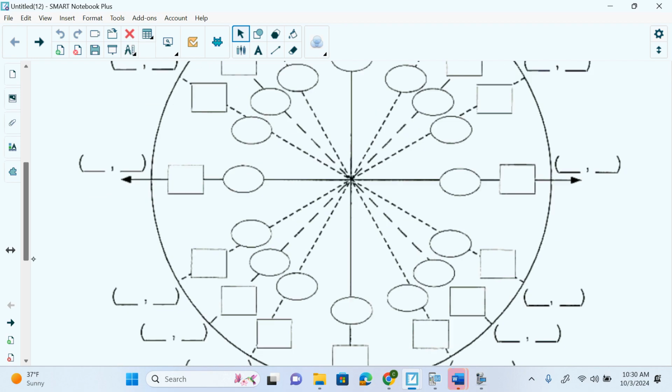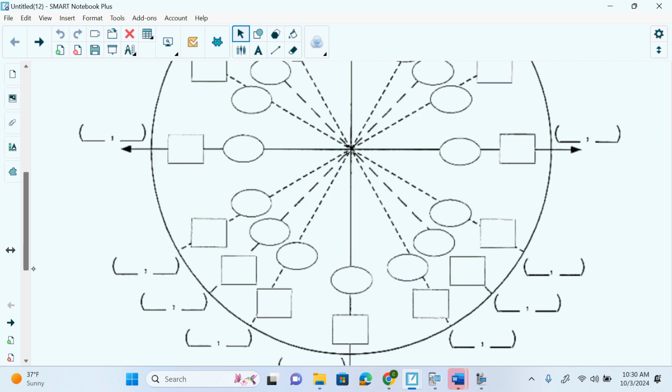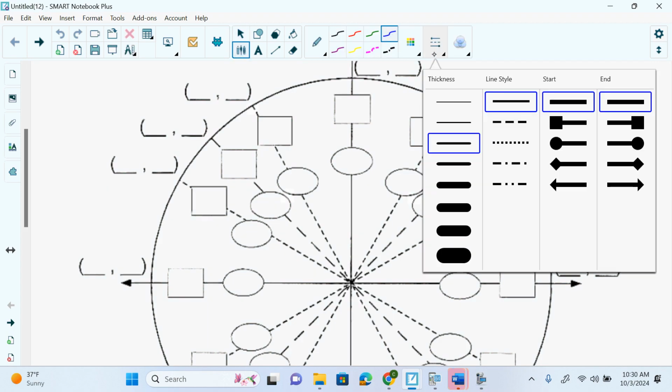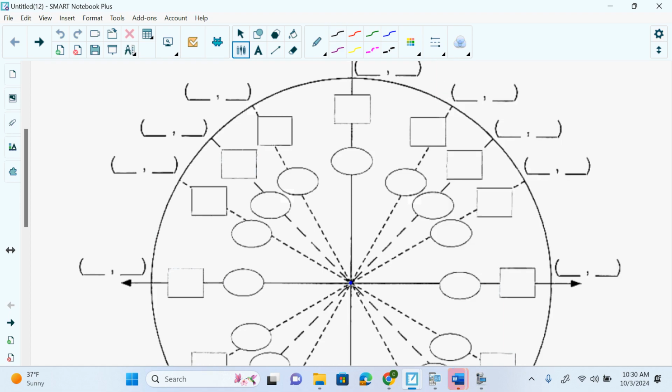Did you know that this unit circle is actually between negative 1 and 1, negative 1 and 1 on a graph piece of paper? Did you also know that this here is the origin? So right here is 0, 0. Okay?